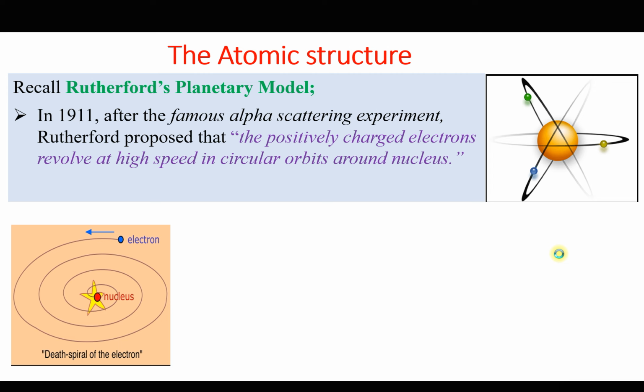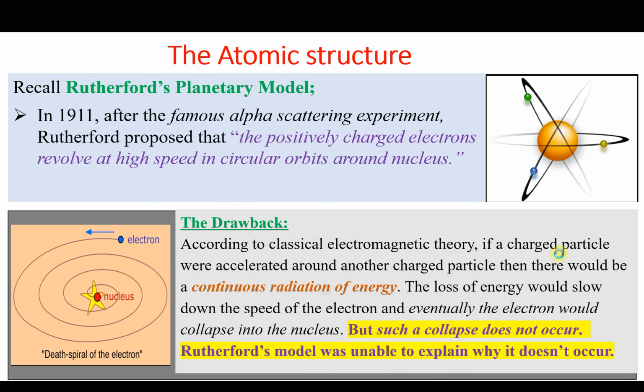However, this planetary model, this model according to Rutherford, also has some drawbacks. According to the classical electromagnetic theory, if a charged particle were accelerating around another charged particle, there would be a continuous radiation of energy.